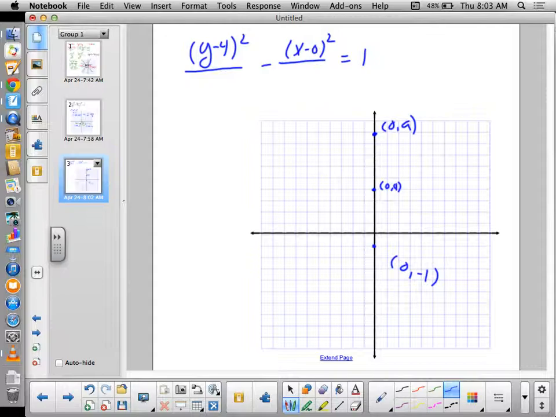Those have to be inside the curve. It has to be the y first. Eccentricity is 5/3. That's C over A. So that means A is 3. So A squared is 9.